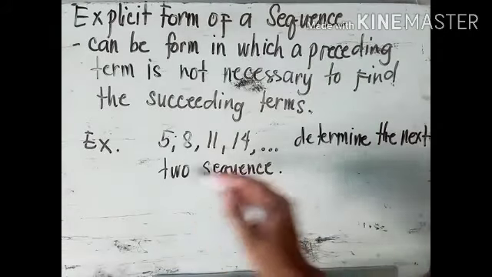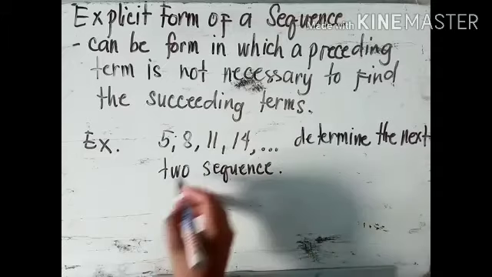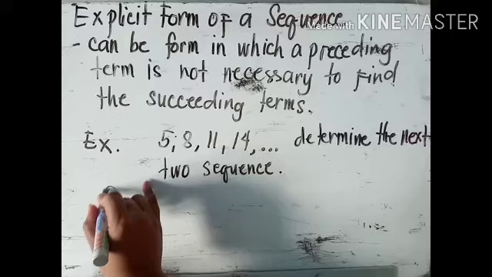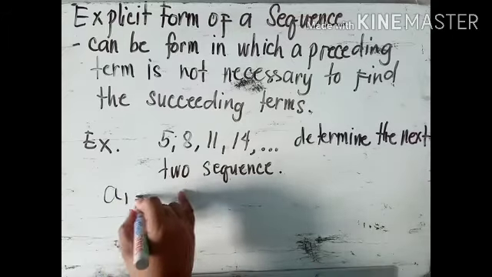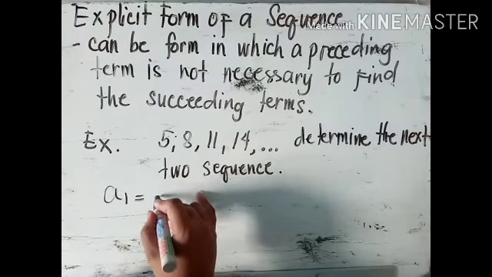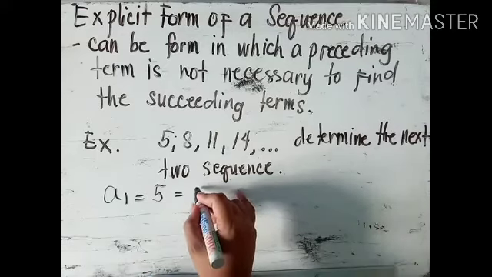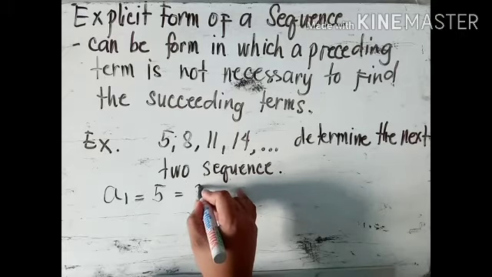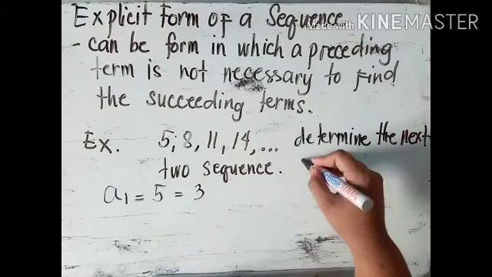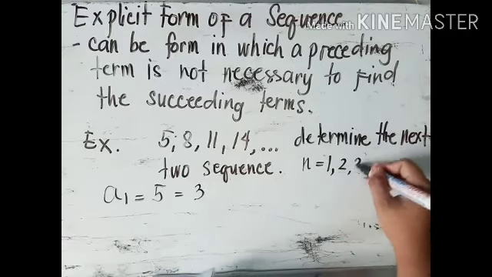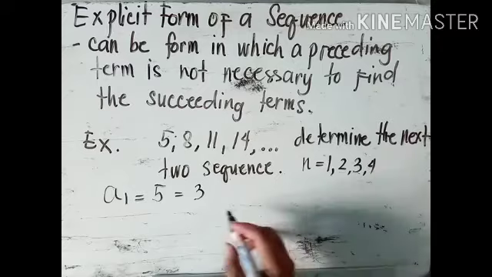So this sequence can be represented as A1, A2, A3, and A4. A1 is equal to 5, and n is equal to 1, 2, 3, and 4.